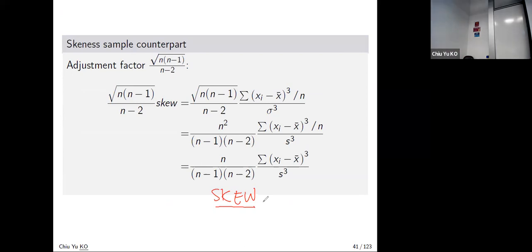Okay, what you're doing is again you multiply by some number bigger than 1. You adjust this by a number bigger than 1, because the one you calculate is not good, so that's why you adjust. The reason again is that you want to study a big population, but you just collect some sample.